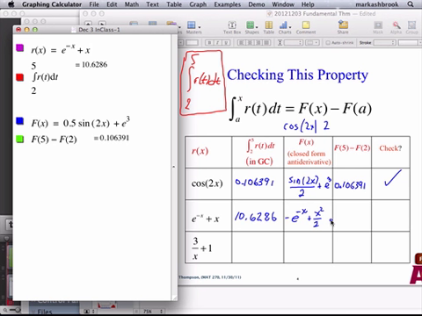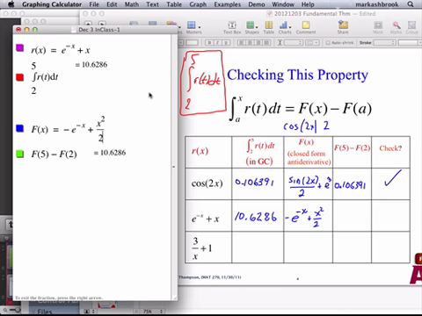So we will put that in. Negative e. Get the same thing.